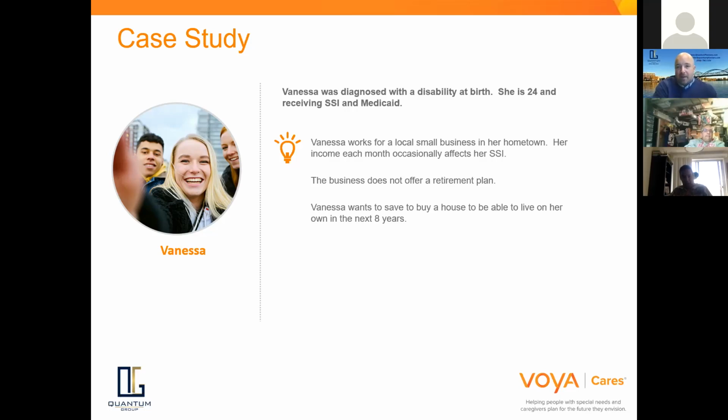So within an 8-year period, she'd be able to save a relatively substantial amount of money in her ABLE account without affecting her benefits, and have the option to purchase a house, because housing is something she's eligible to use that ABLE account money for. It's a simple example, but it would work out well.